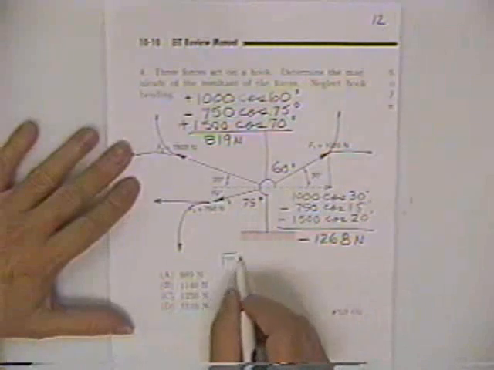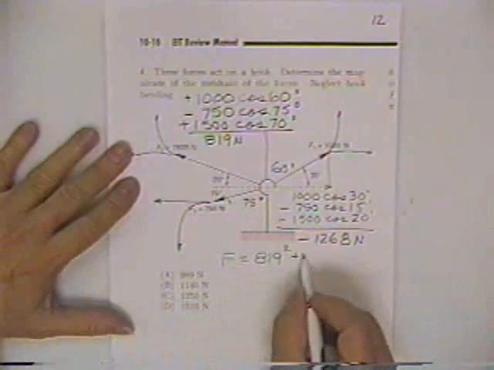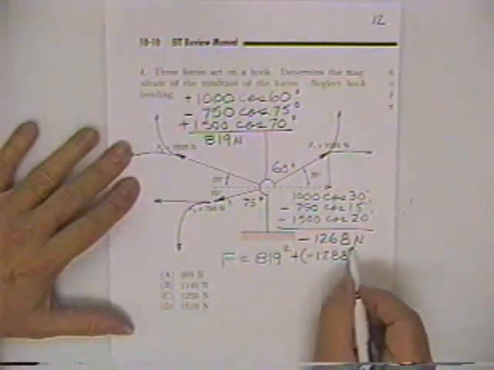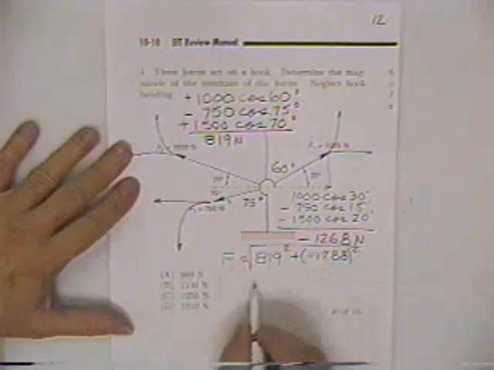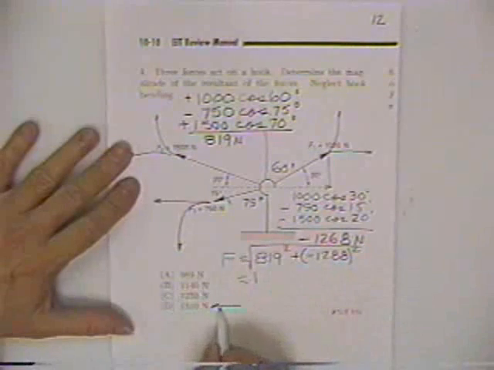That number would be the square root of 819 squared plus minus 1,268 squared. The sign's not going to matter because it's going to square. Take the square root and you get 1,509, and therefore there's your answer.